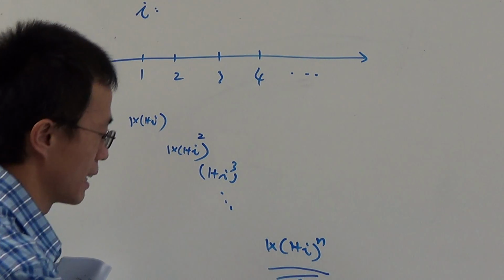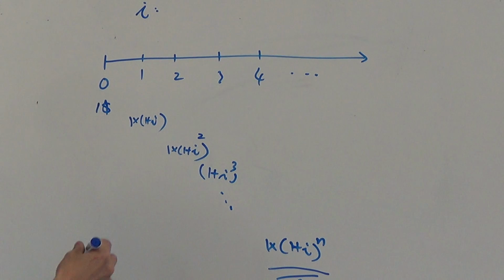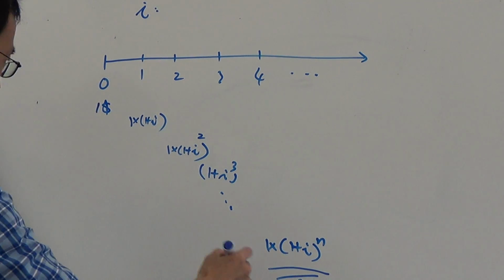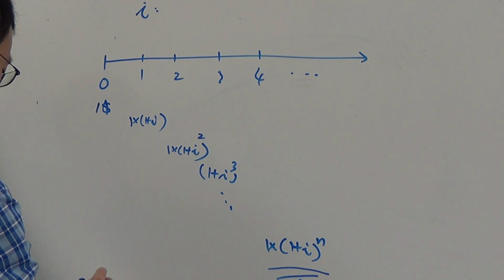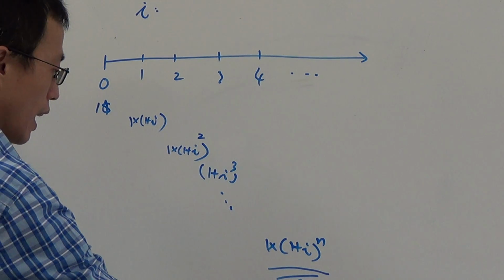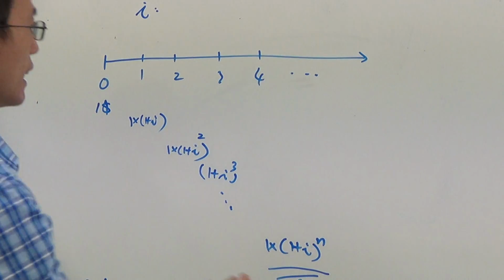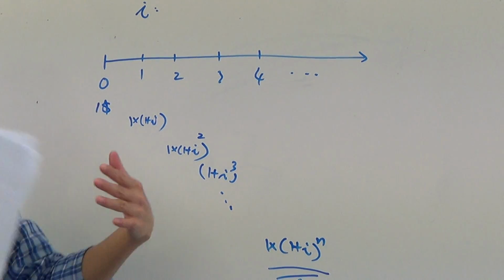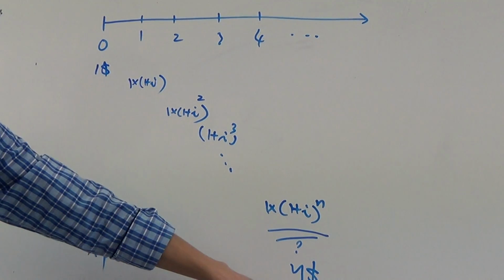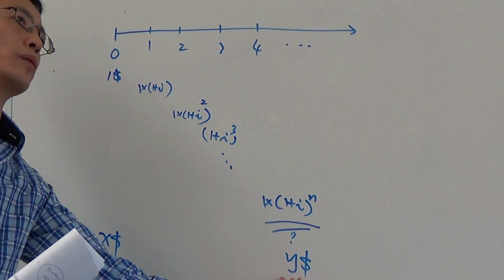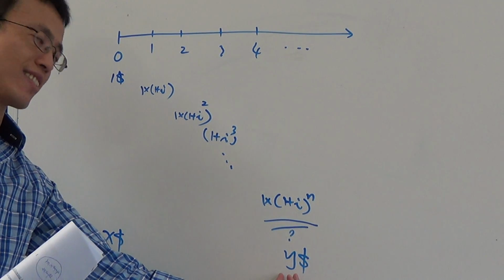If we have, say, a present value, currently I have X dollars. In the future, I have Y dollars. Say in n years' time, there's Y dollars of cash inflow. What's the present value of this Y dollars in year n?